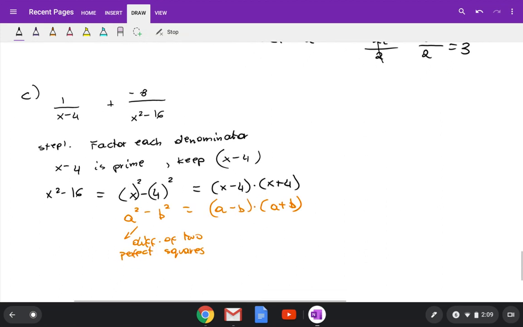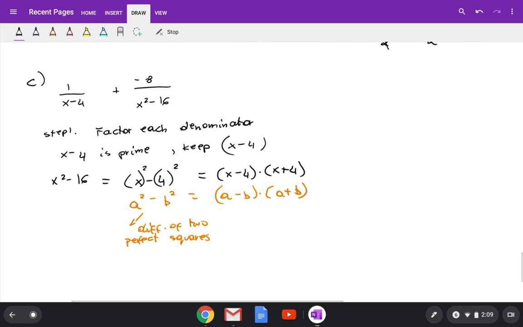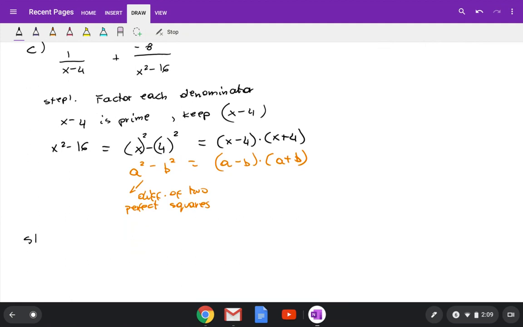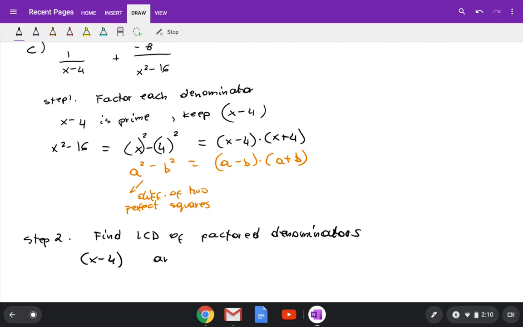Okay, so we factor the denominators. Step 2, find LCD of your denominators. So we have that x minus 4 and x minus 4 times x plus 4.